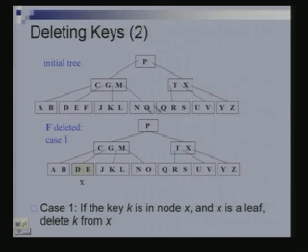So, suppose this is the situation. We are once again working with T equals 3. T equals 3 means each node has to have at least 2 keys. So, this node, there is no problem with it, because it has 3 keys.